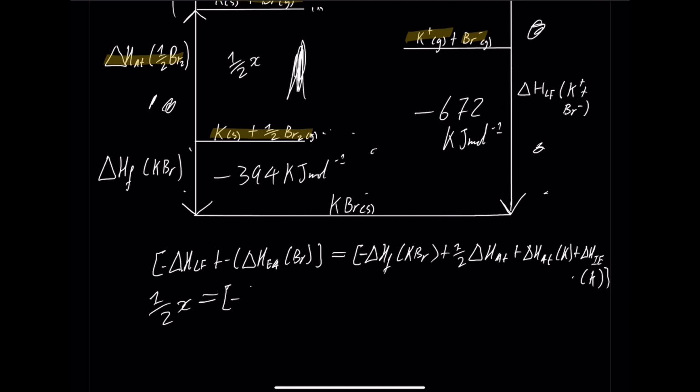So the electron affinity of bromine minus, and we just keep this as it is, but we just haven't got the half x there.